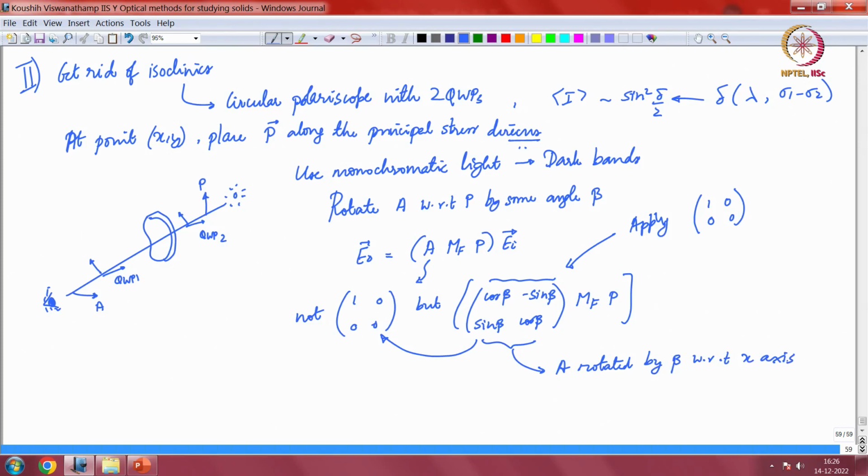Originally, the angle between A and the x axis is 0. So this matrix becomes the identity matrix, cos beta is 1, sin beta is 0, and you do not really see any effect, but now because that is at an angle, you have to add another rotation matrix in between, and finally the fact that this guy picks up only that component that is along the A direction means that you will have this.